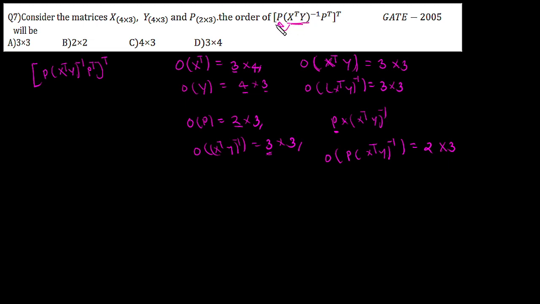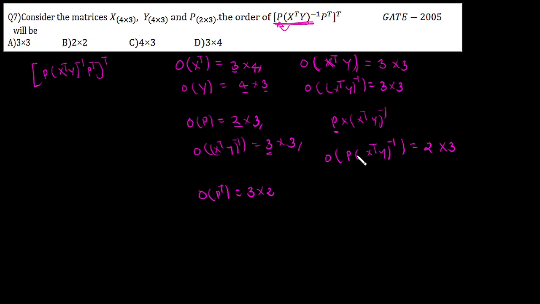So now we have found the order of this whole, and again we have to multiply this matrix with this P transpose. First of all, let's find the order of P transpose. I have to just flip these numbers, so it will be 3 cross 2, and I have to multiply this matrix with P transpose at this side.